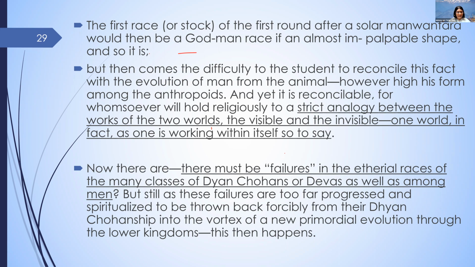And by analogy, these kinds of failures must also be there in the stage of Dhyan Chohan or the Deva stage. But those Dhyan Chohans or Devas are very elevated beings. Even though they may be a failure, they do not have to restart their evolution from the primordial stage, working through all the lower kingdoms.